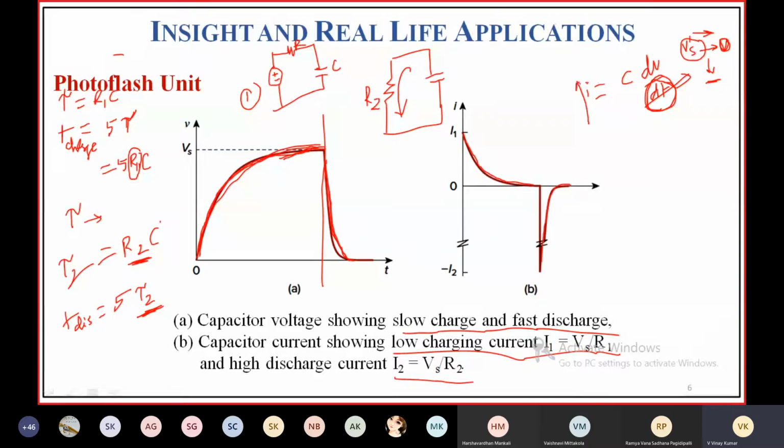Then the current will be more, and you are going to get a flash. Here the current pulse is very large because of low resistance.